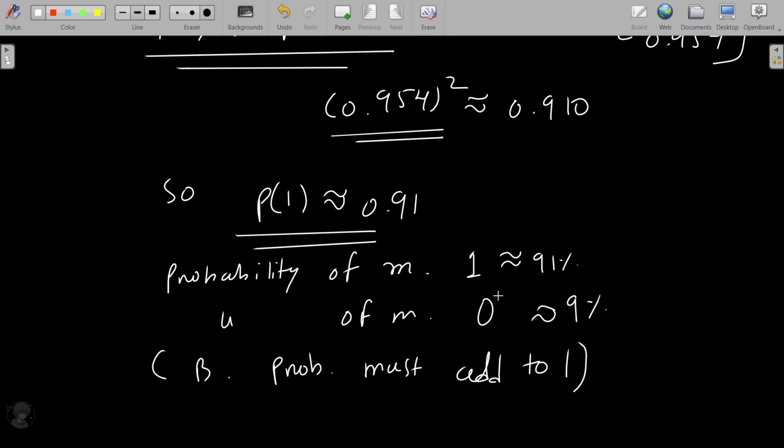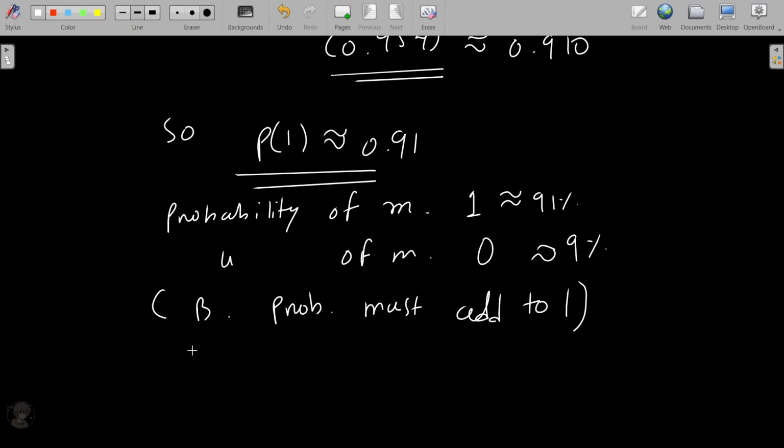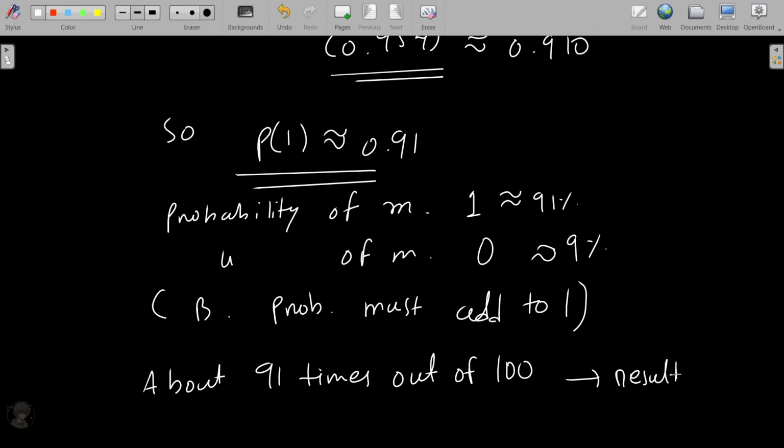Okay, let's discuss what this means physically. If you prepare this qubit many times and measure it, about 91 times out of 100 the result will be 1, and about 9 times out of 100 the result will be 0.